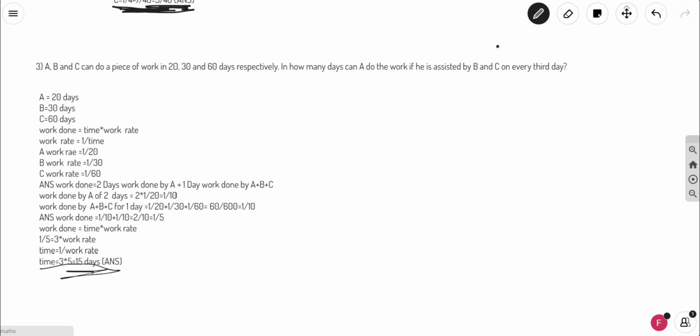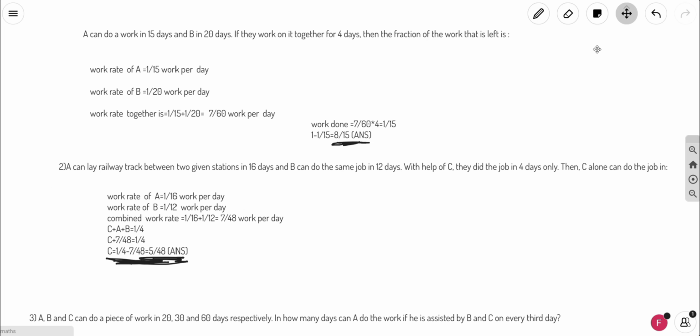So in how many days can A do the work if he is assisted by B and C on every third day? The time is 15 days.